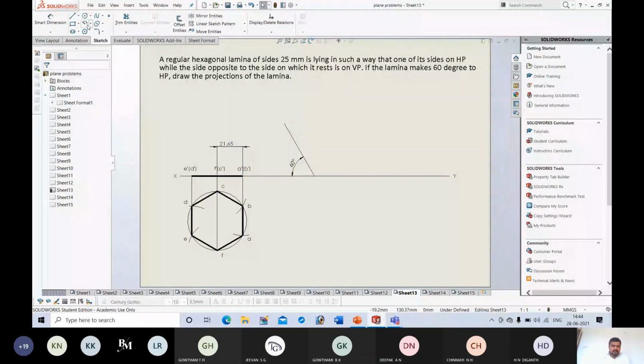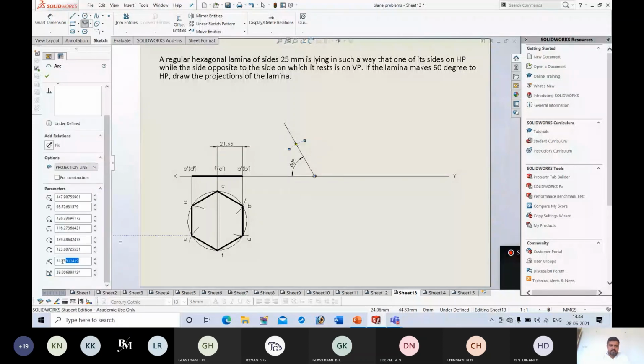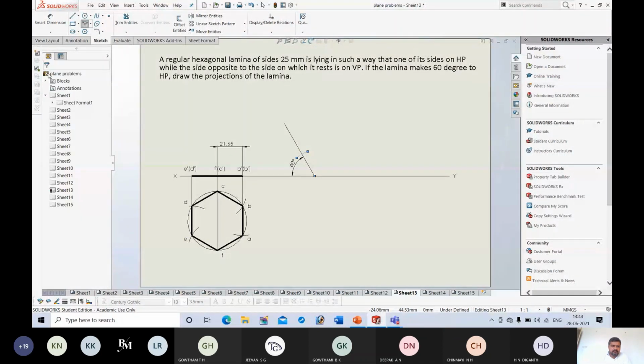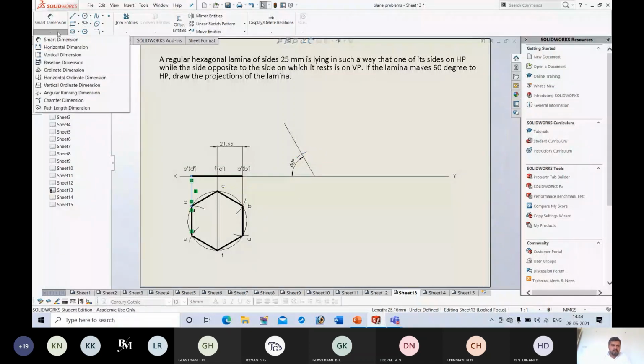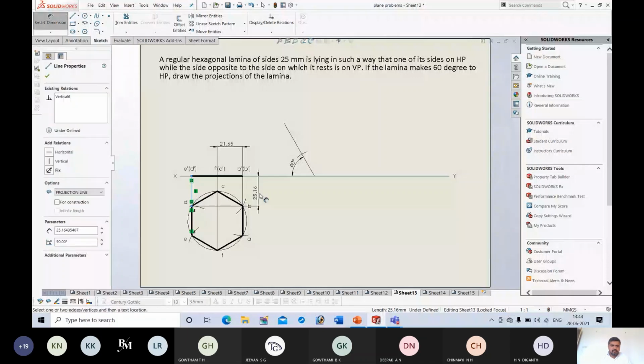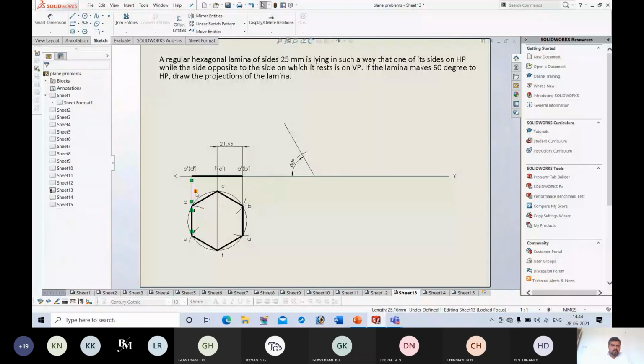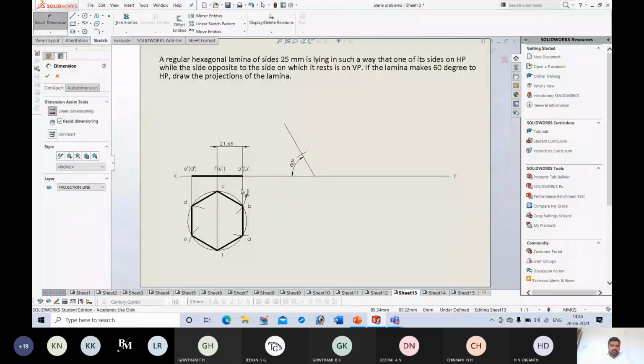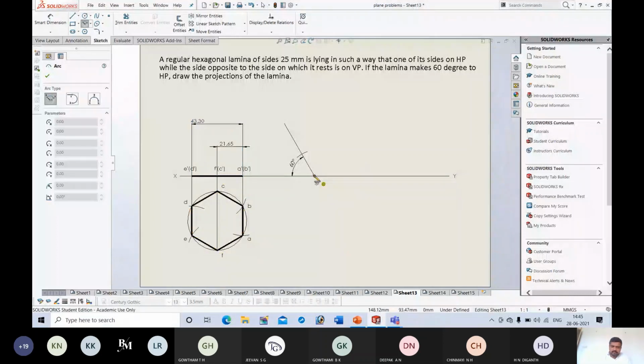Next, I will consider the radial distance between A and E. Okay, next, with this as center and 43.3 as radius, we'll cut one more arc.